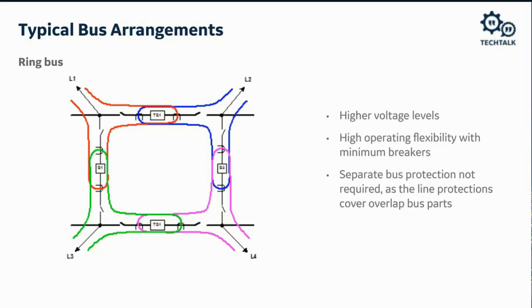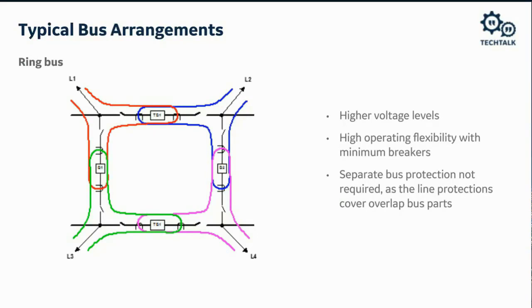The only drawback with that is if there is a fault and the protection trips for that line section, we might not know right away if the fault was on the bus section or on the line section. So we might need to do some additional visual inspection.